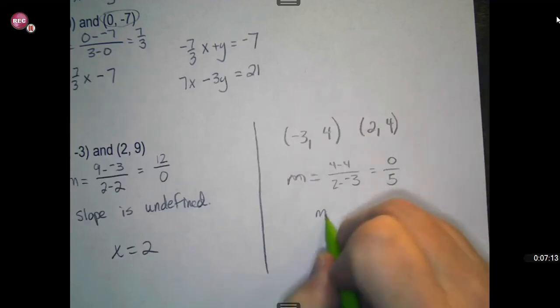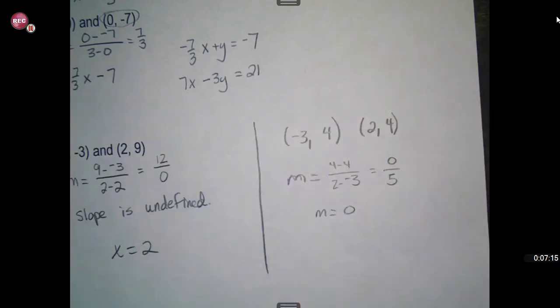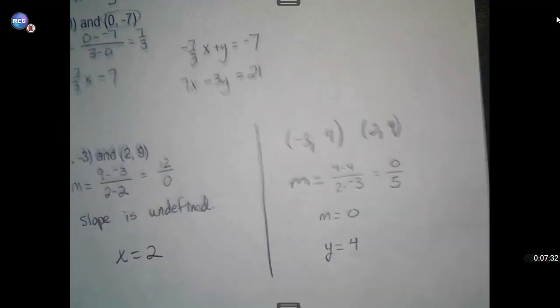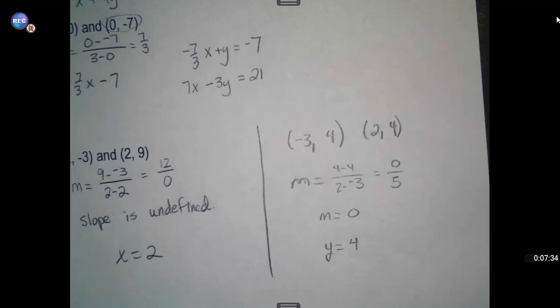So the slope is 0. And then we got to think, what kind of line has a slope of 0? And the answer is a horizontal line. And what does the equation of a horizontal line look like? Well, it looks like y equals 4. That would be the equation of the line if the slope ends up being 0.